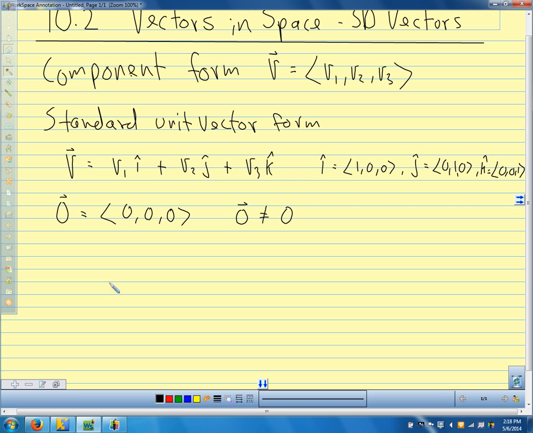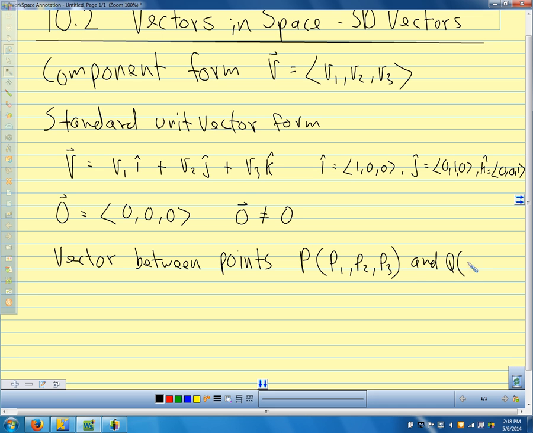The vector between 2 points: let's call point 1 P, with coordinates P1, P2, P3, and our point Q, with coordinates Q1, Q2, Q3.